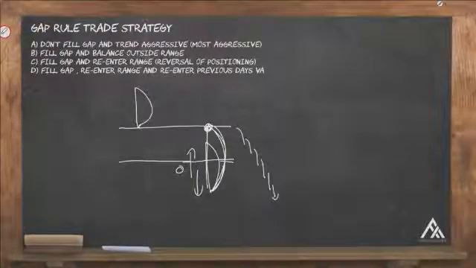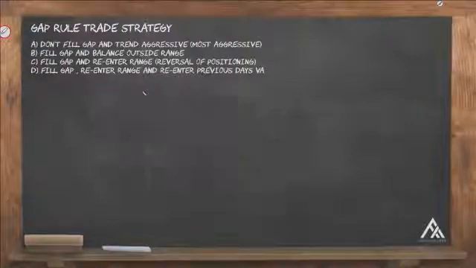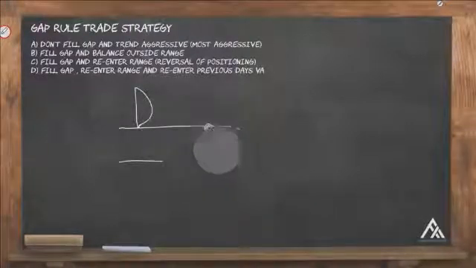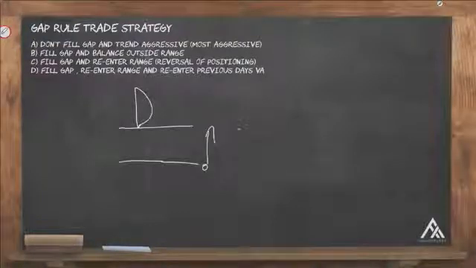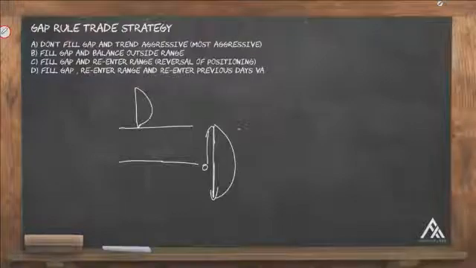Now the third, and again, this one's also particularly good to trade, is when we get the gap that gets filled and we re-enter the previous day's range. So again, we gap. The market facilitates trade on both sides. However, after distributing for most of the morning, we then re-enter into the previous day's range.